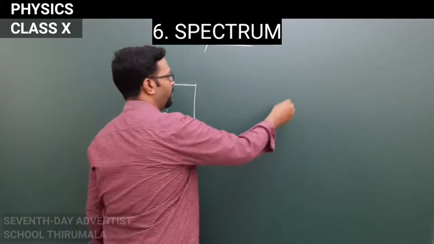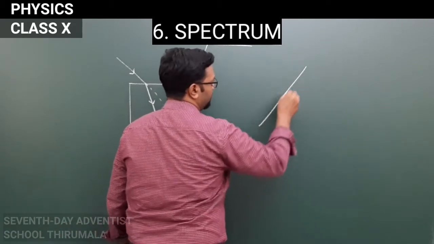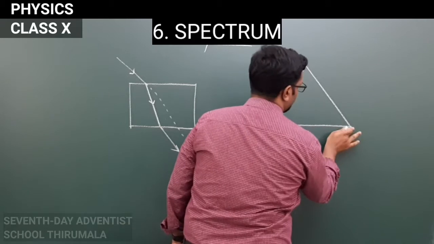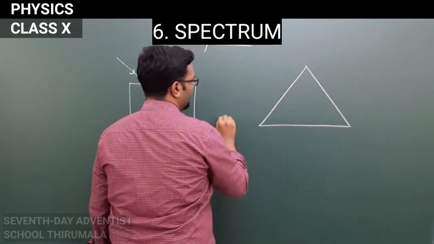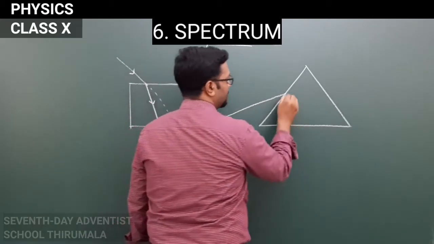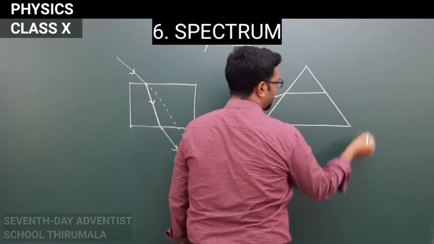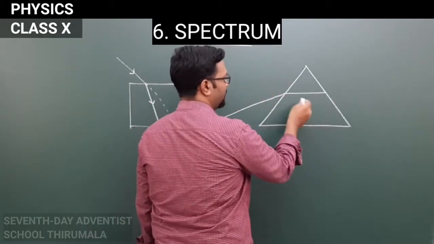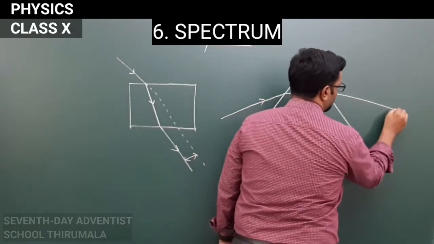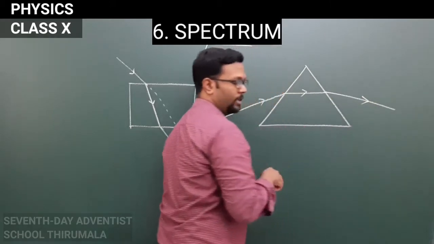But it's different for the case of a prism. When a light ray falls on one surface of the prism, it gets refracted at that surface. It reaches the next surface by passing through the prism. Then again it undergoes refraction and goes out.